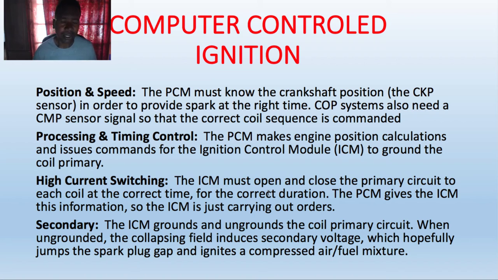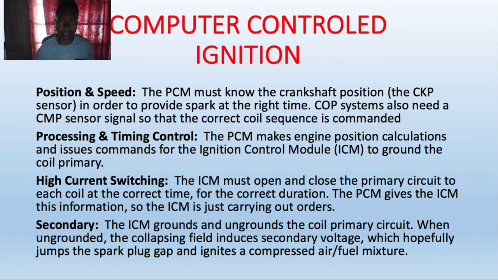High current switching: the ICM must open and close the primary circuit to each coil at the correct time, for the correct duration. The PCM gives the ICM this information, so the ICM just carries out the orders. Secondary: the ICM grounds and ungrounds the coil primary circuit. When ungrounded, the collapsing field induces secondary voltage.